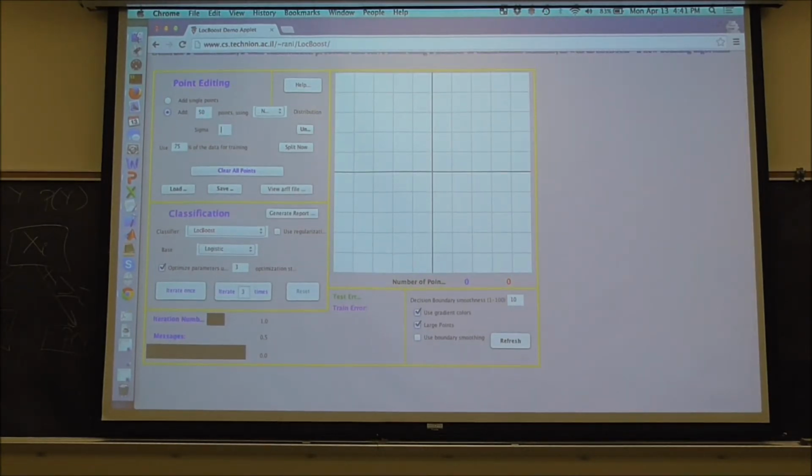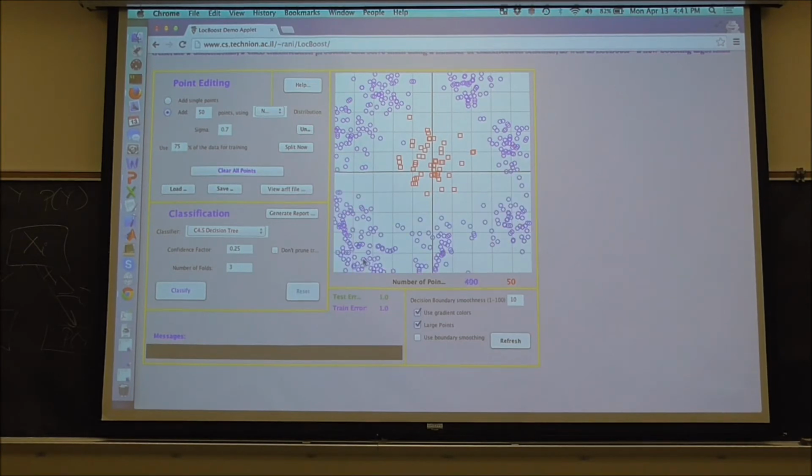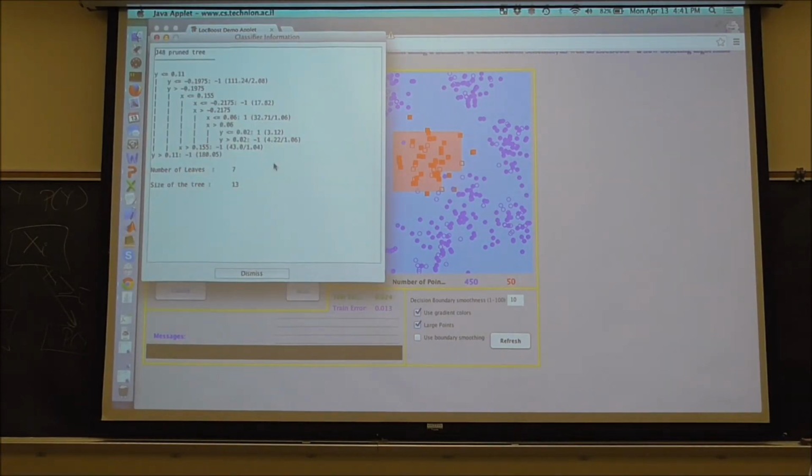So this is a demo that we've seen before, but I'll construct a harder data set this time. So this is a decision tree. Here's class 1, here's class 2, right? So a whole bunch of data around it. And let's say classify. Right, so it ends up carving out this sort of a decision boundary, right? And if you ask it to generate a report, it'll sort of give you this sort of a thing.